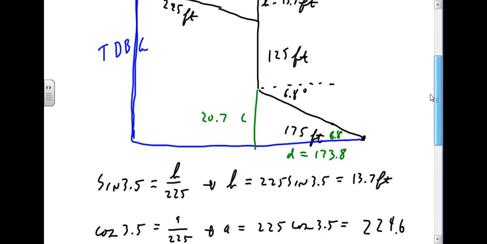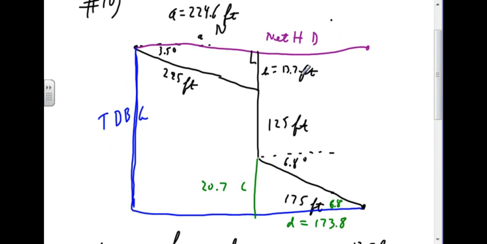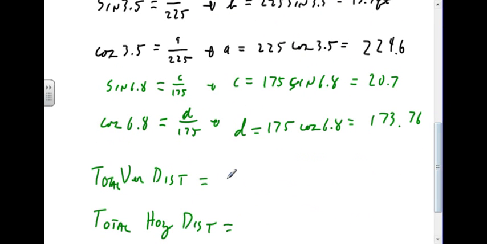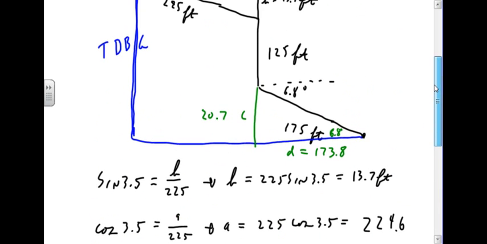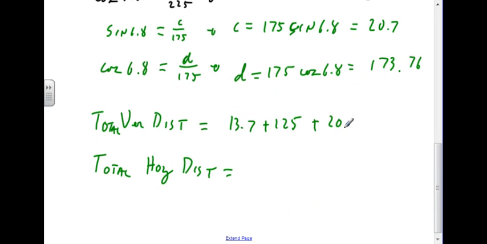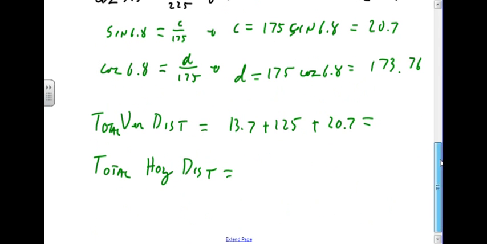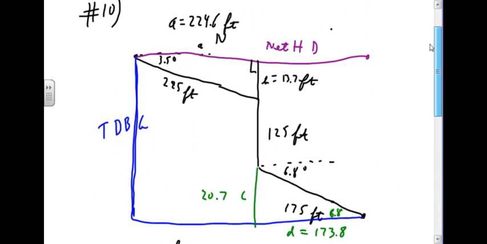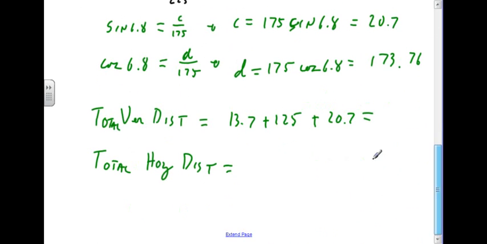All right, so for vertical I've got 13.7, is it 125 plus, yeah, 125 plus 20.7. And horizontal, I've got 224.6 plus 173.8. All right, so now I'm ready to add.